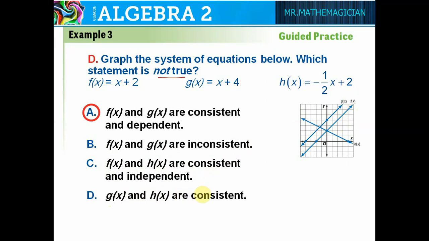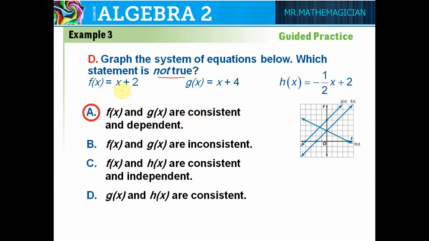Also G and H are consistent because they intersect at a point. And this is the only one that is wrong: F and G are consistent and dependent. Of course not. They are inconsistent. That's why we are going to choose A, because this is the only not true statement.